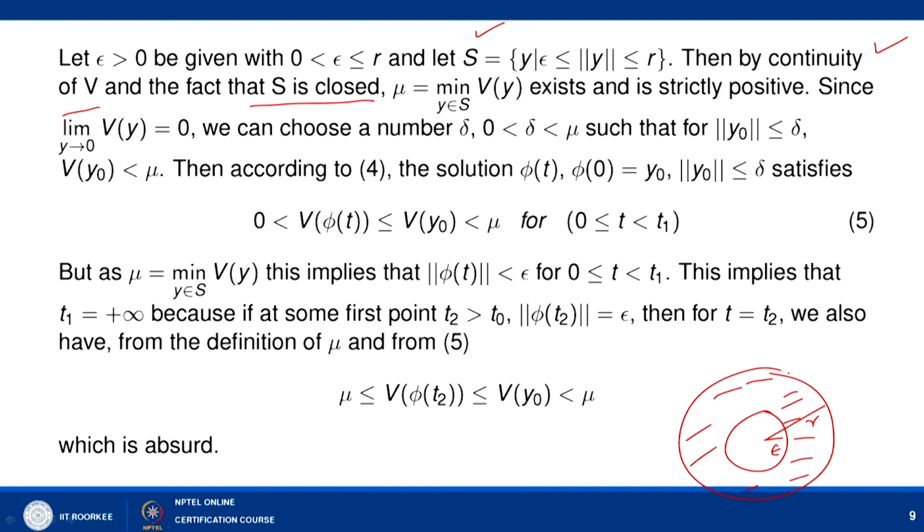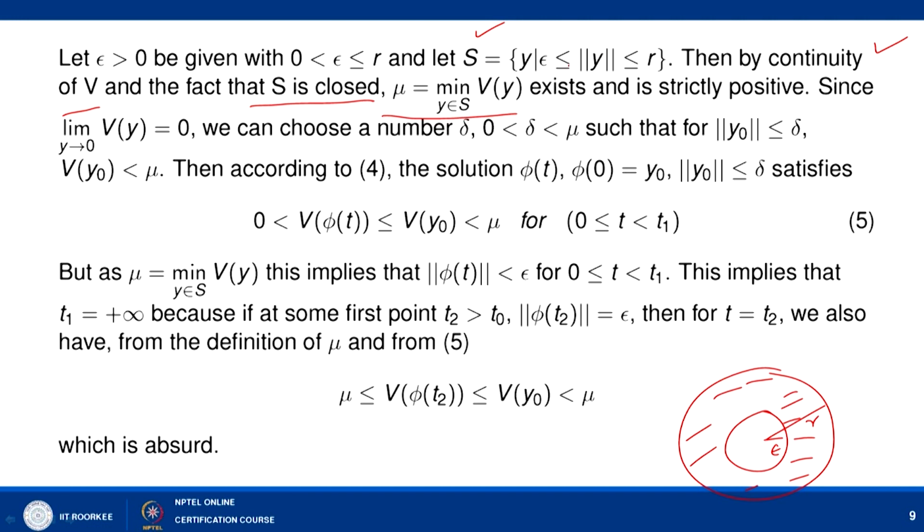So, we can use the Weierstrass theorem, and we can say that a continuous function defined on a closed region will attain the maximum and minimum value inside the closed region. So, let us say that mu is defined as the minimum of V of y, where y is running over this S. So, it means that mu exists and it is strictly positive. Why so?